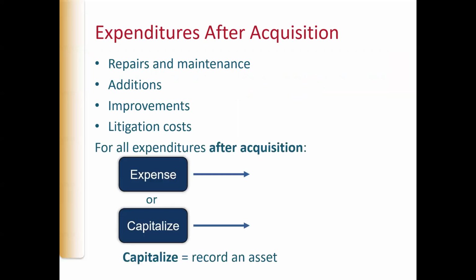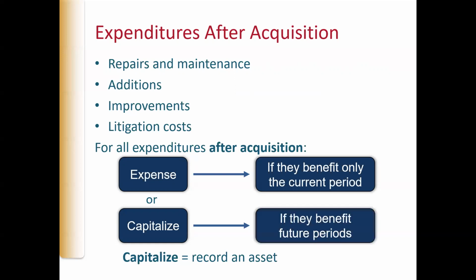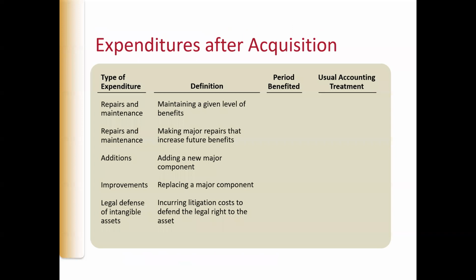We will either expense these costs or we'll capitalize these costs, depending on the scenario of, do they just benefit the current period? If they just benefit the current period, we'll expense them. But if they benefit future periods, we'll capitalize those costs.